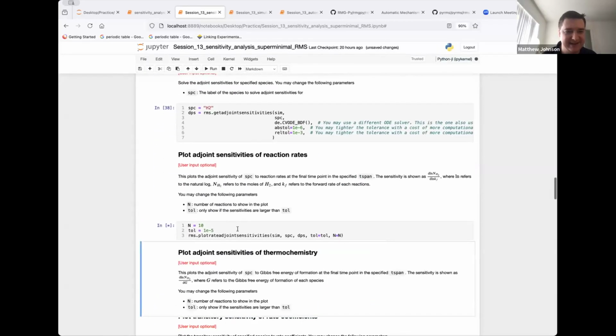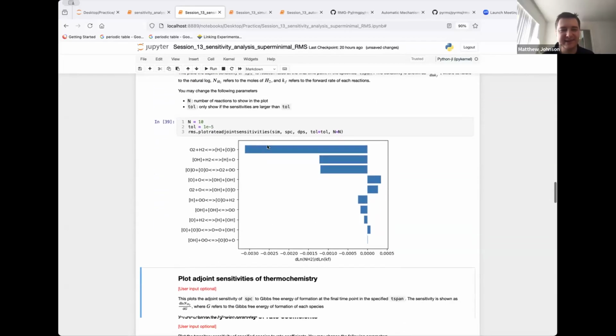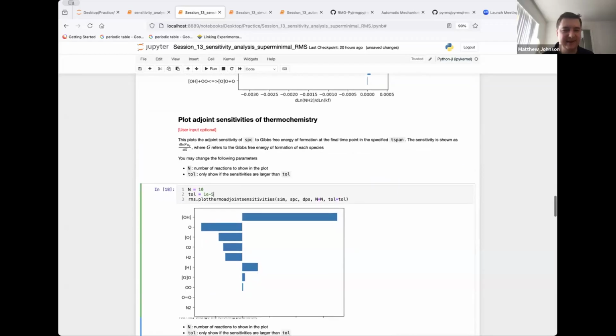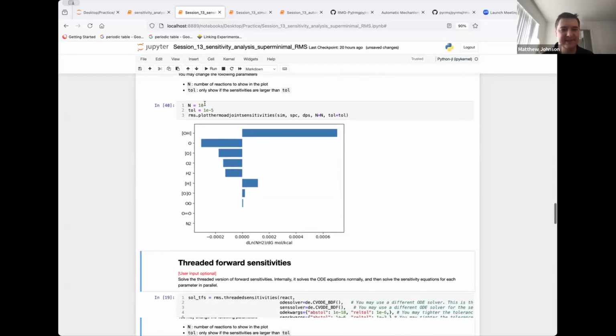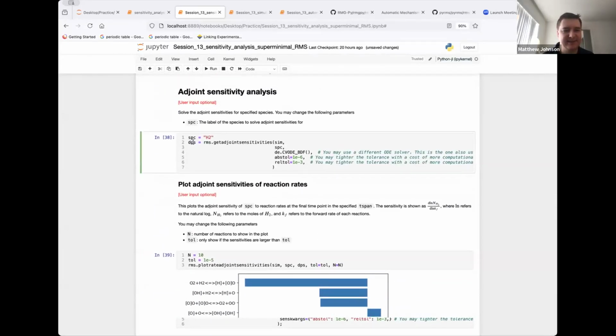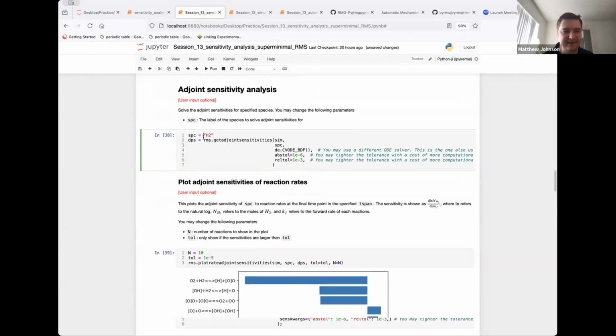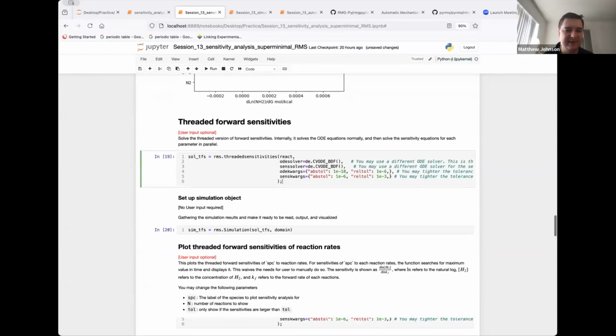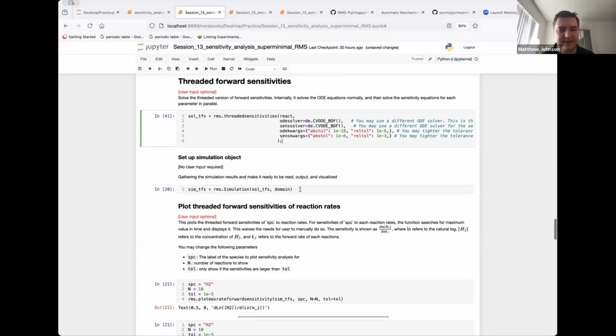Adjoint's finished now, and we can get our actual numerically accurate sensitivities and our thermo sensitivities. This is specific to our target, the hydrogen sensitivities. And then we can also run threaded forward sensitivities, which we start from our simulation, and it runs the sensitivities out to there.